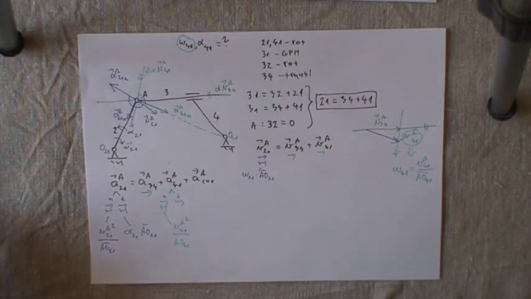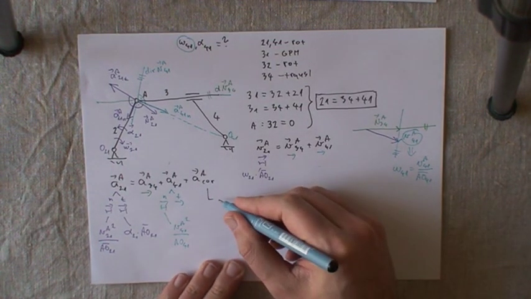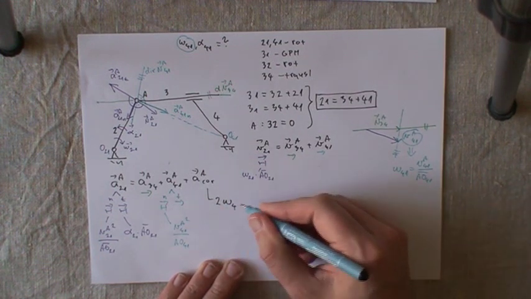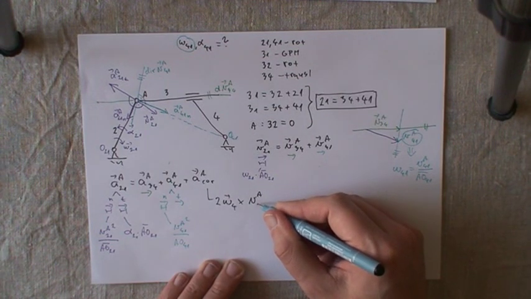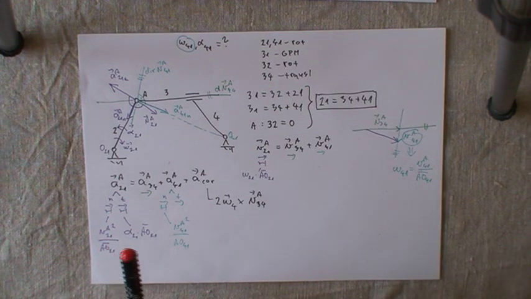And the final one is Coriolis, and Coriolis in this case is 2 omega carrying 4,1 times VA relative 3,4. Okay?